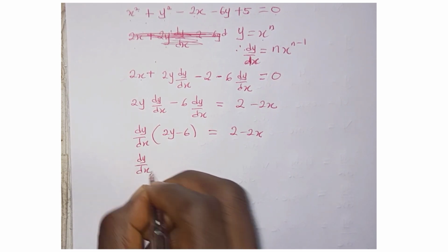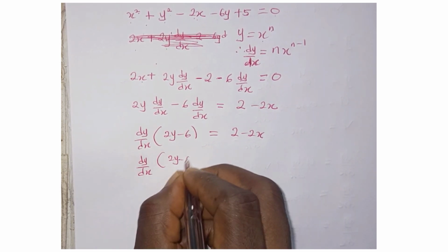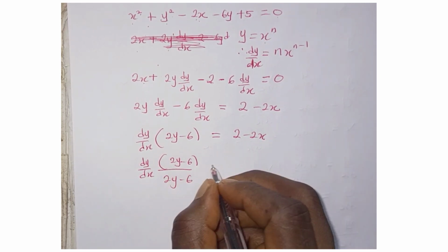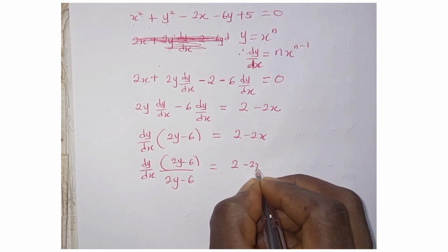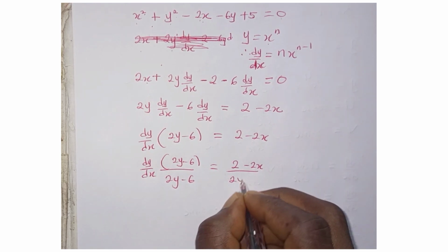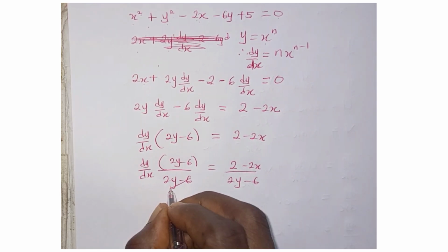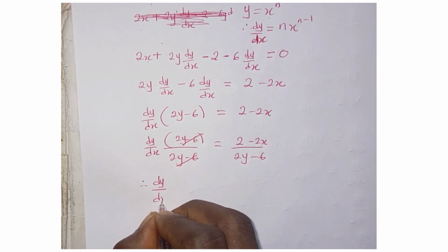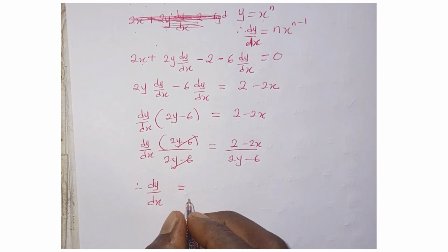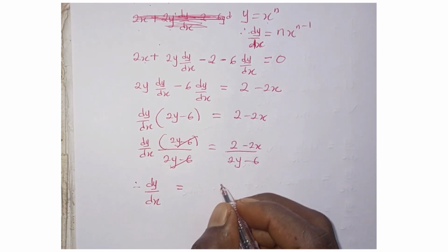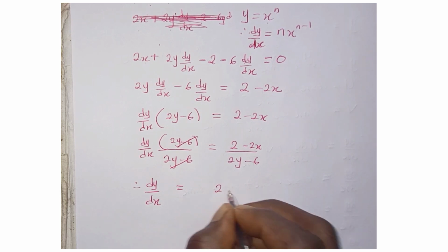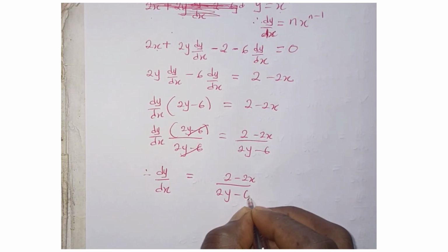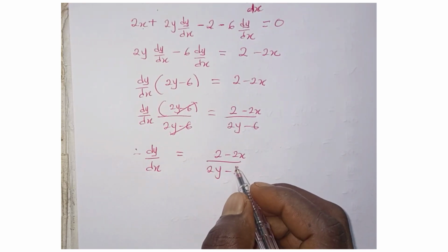This cancels out. So in conclusion, dy/dx will be equal to 2 minus 2x over 2y minus 6. We can stop here if you like.